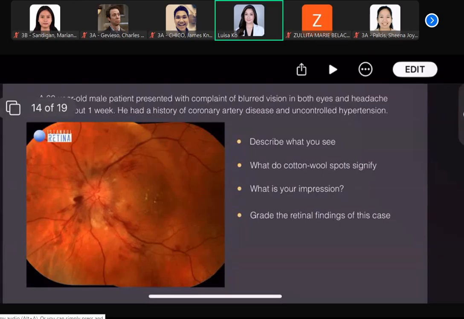Maybe I'll bring that out in the exam. Or maybe 4, Doc, because of the papilledema, plus the presence of flame-shaped hemorrhages. Okay, so grade 3 plus the disc swelling is grade 4 already. Yes, Doc. That is already severe, or malignant hypertension.